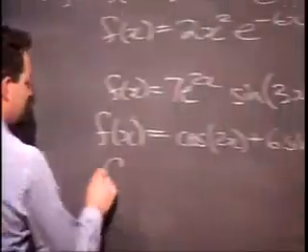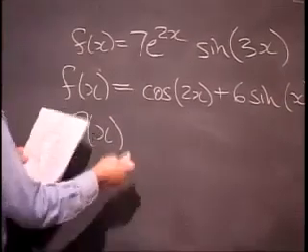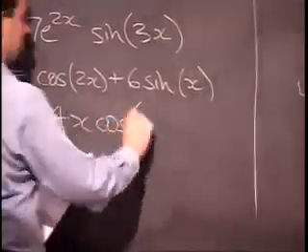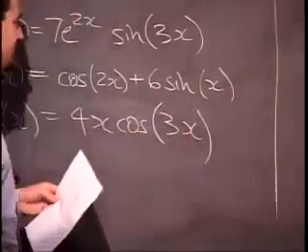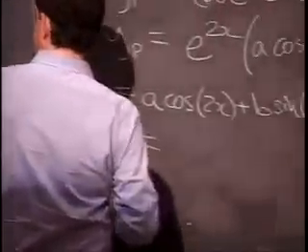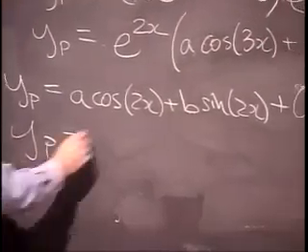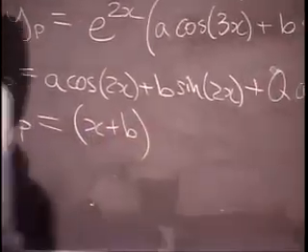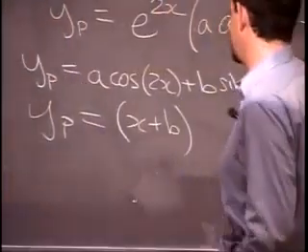And finally, another example of this, and the last example in the table, would be 4x cosine 3x. Well, here, 4x is linear, so it should be ax plus b. I'm just going to write it as x plus b. I don't need a constant there.